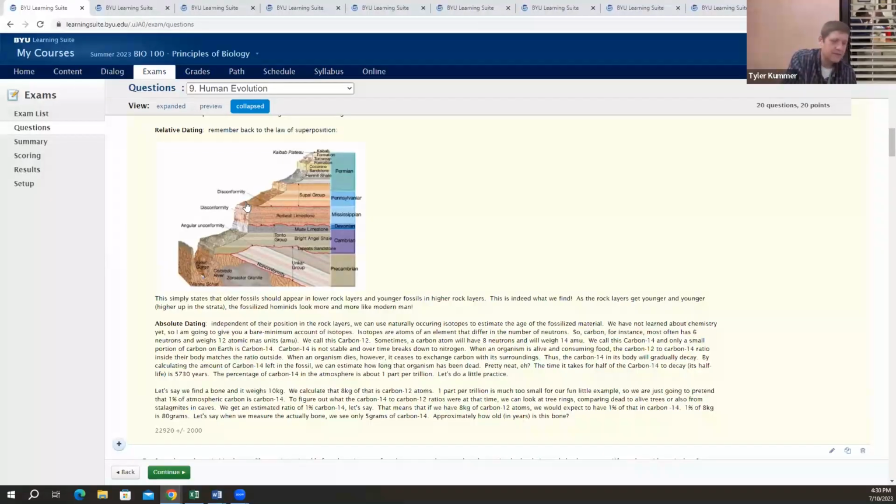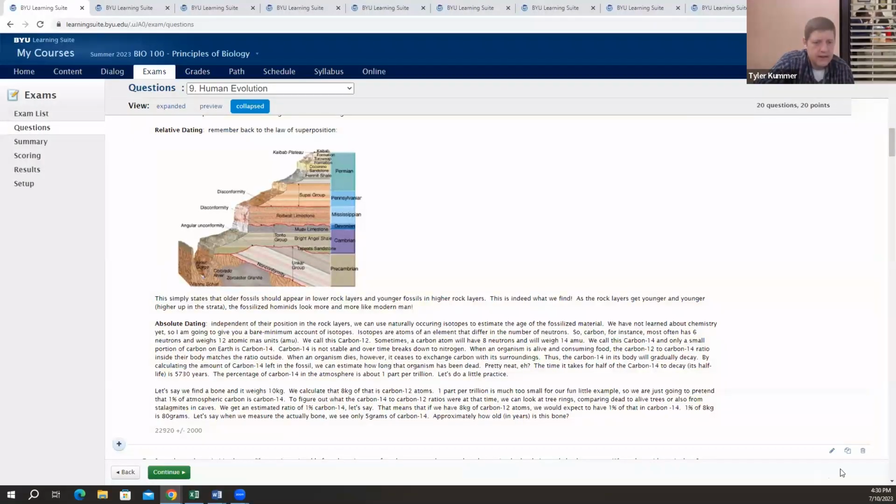The half of the half essentially is there after that time period, and so on. So we can measure how much carbon-14 is still present today, and then use our understanding of half-life to extrapolate how old that rock or our fossil is.